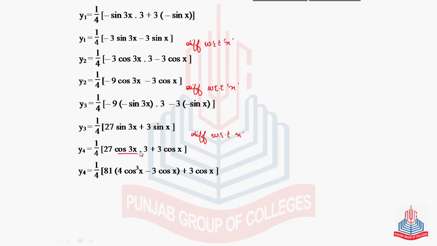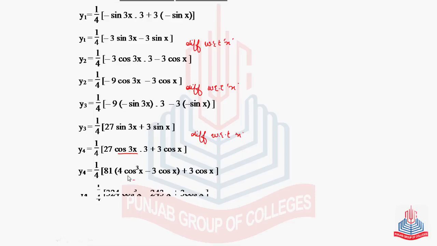Using the formula of cos 3x in terms of exponent, we have 4 cos cube x minus 3 cos x. This is the formula of cos 3x, already discussed in our first year trigonometric formulas.